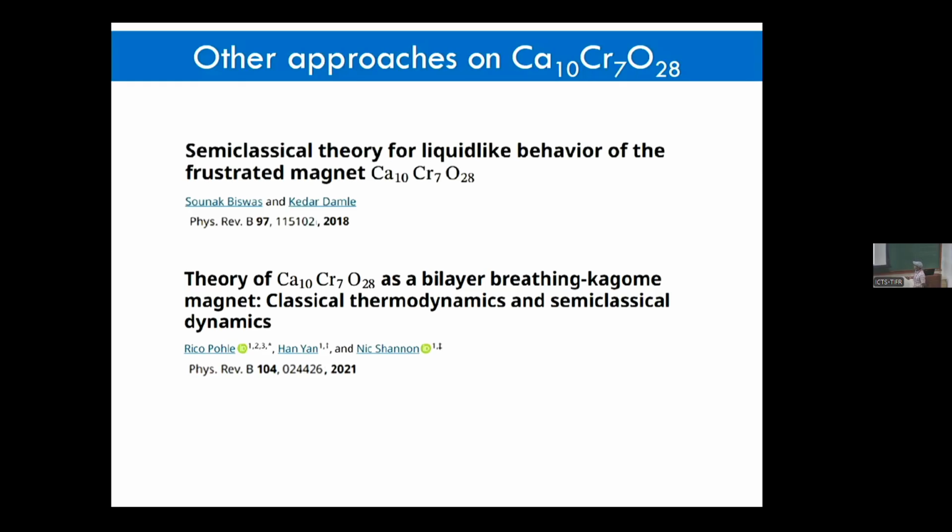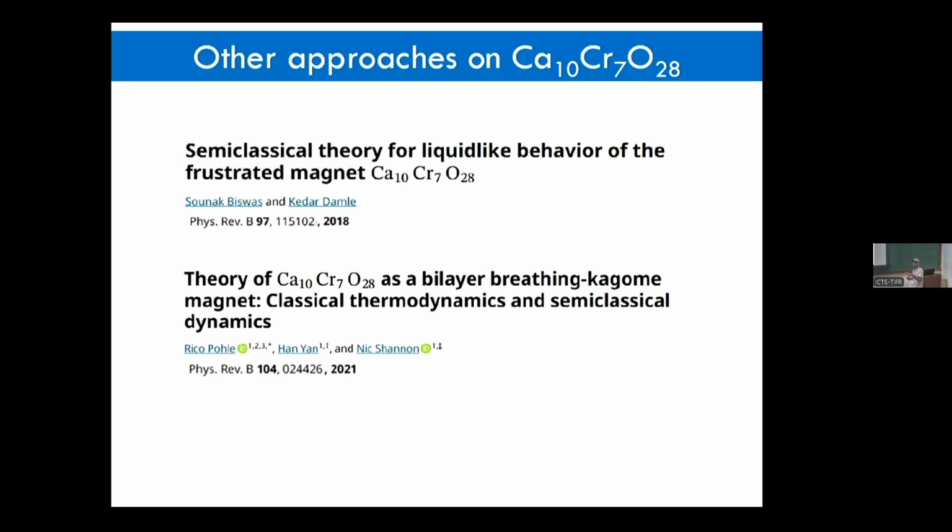So Nick Shannon uses a spin half on an effective honeycomb, I think, right? There was this other calculation. Right, so my point is that there is large frustration, even though the effective spins could be 3/2.